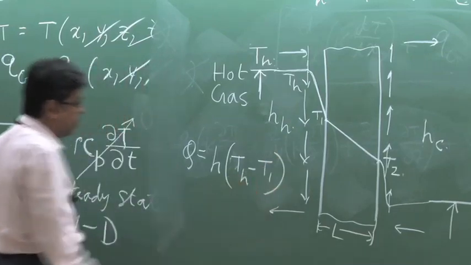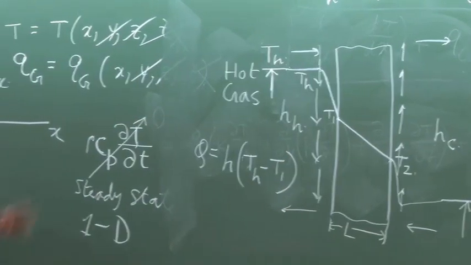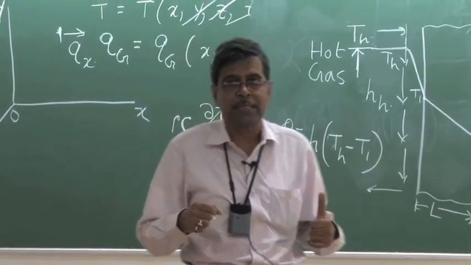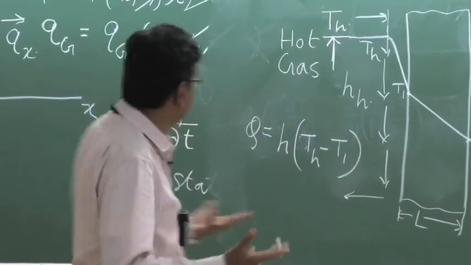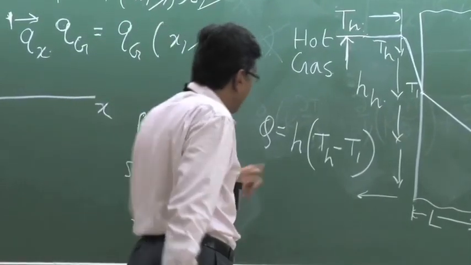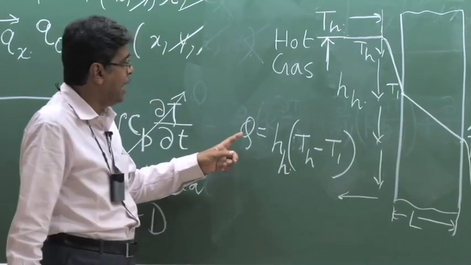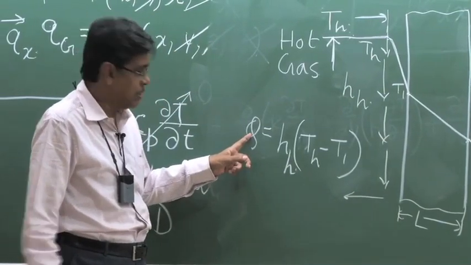As I told you in one of the earlier classes, we don't have to know anything about the mechanism of convection, how this is being written, but whenever we know the heat transfer coefficient H, then we can relate the heat flux and area.